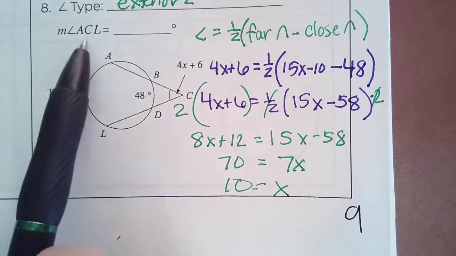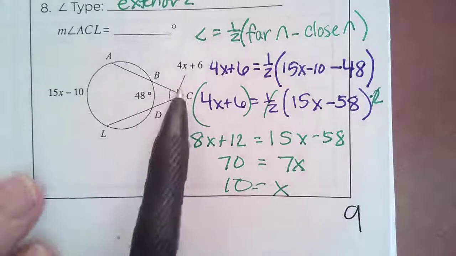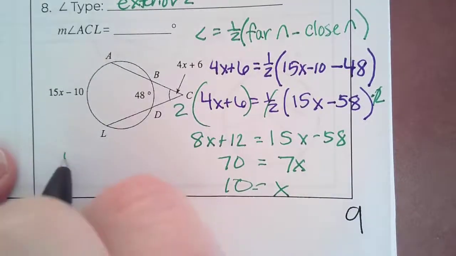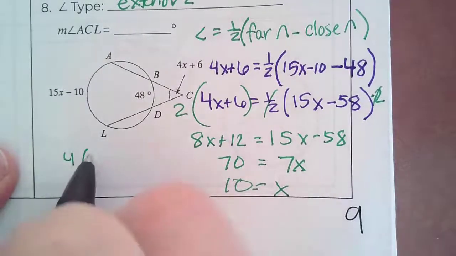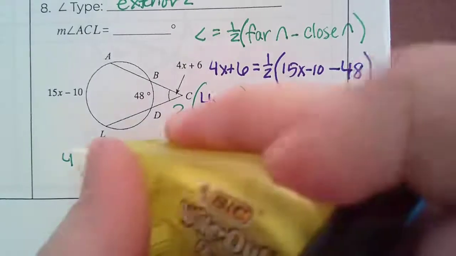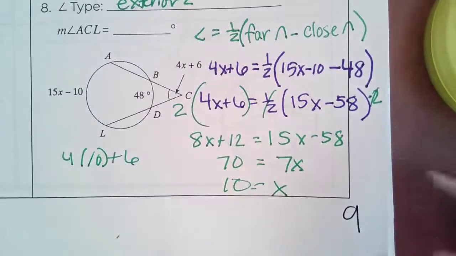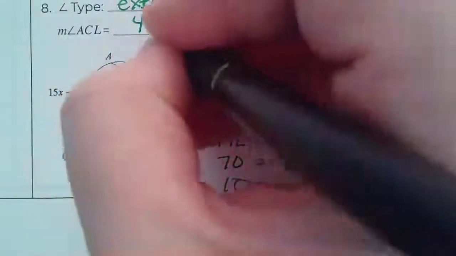Then I asked you to find measurement of angle ACL. ACL is our exterior angle. So I have 4 times 7 plus 6. So 28. Why did I put 7 there? Losing my mind. 4 times 10 plus 6. 40 plus 6. 46 degrees.